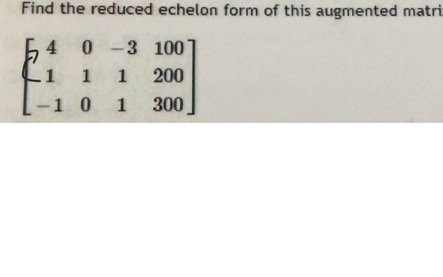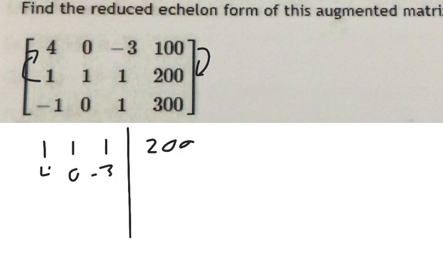I think in this case that would be easier. So I'm going to switch rows 1 and row 2. So this becomes 1, 1, 1, 200. 4, 0, -3, 100, and -1, 0, 1, 300. Okay, so I just switched rows 1 and row 2.